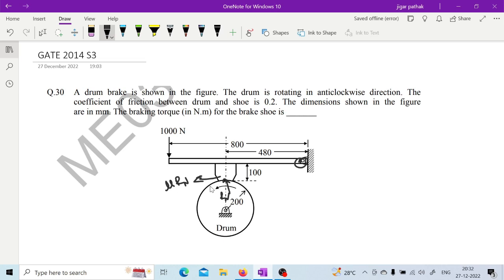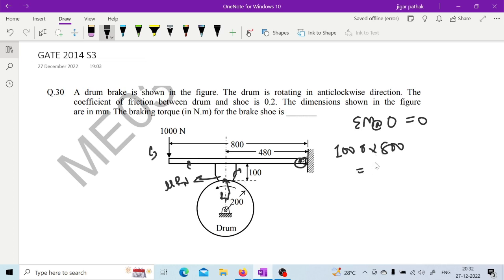Yes. So this Rn and mu Rn having this direction, you can take sigma moment about this O is equal to 0. So this 1000 into 800 will generate this anti-clockwise moment, right? And mu Rn as well as Rn, both will have clockwise.